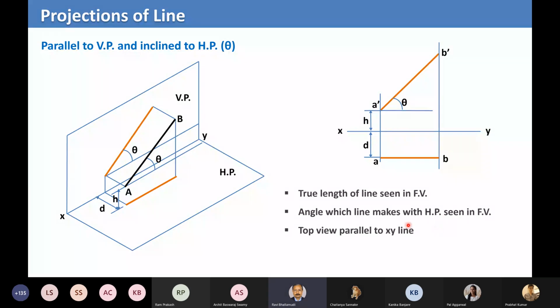Now interestingly, note my statement: because this line is parallel to the vertical plane, its true length and its true angle are both seen in the projected line in the vertical plane. Sorry, true length of the line seen in the front view is wrong, right?